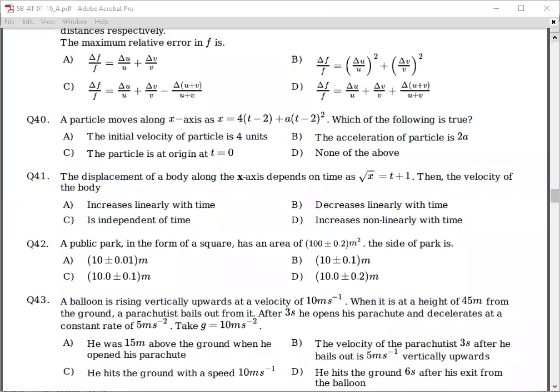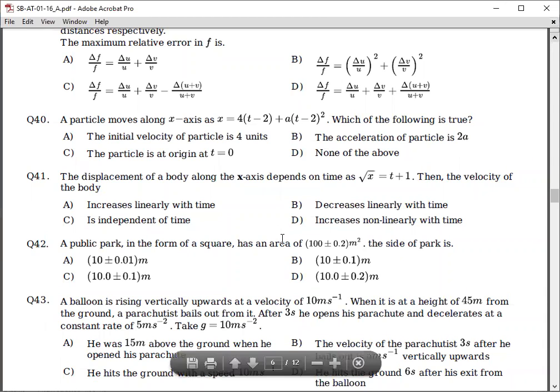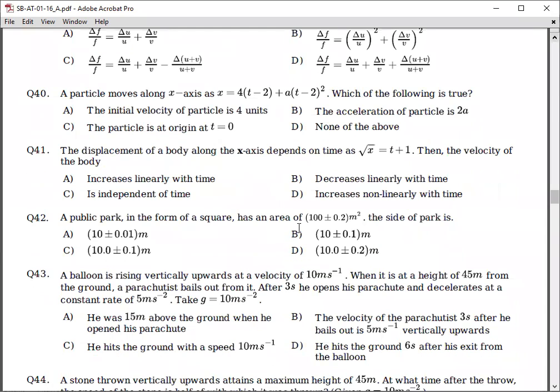Now, when you talk about question number 42, 42 is super easy. How many of you know this? We have done exactly a similar kind of problem in class. Area is side square, right?